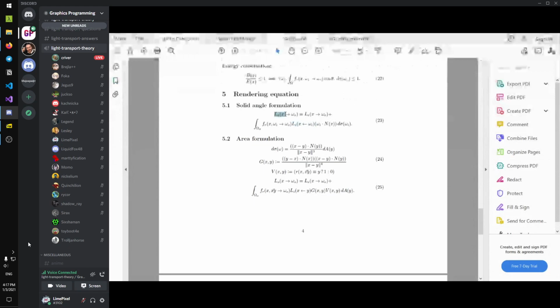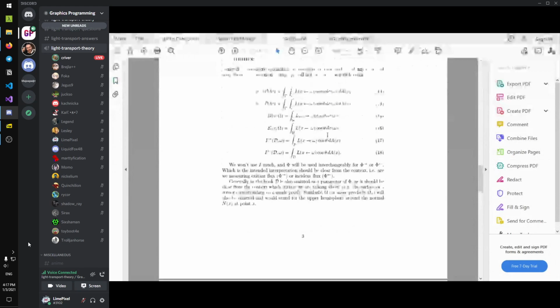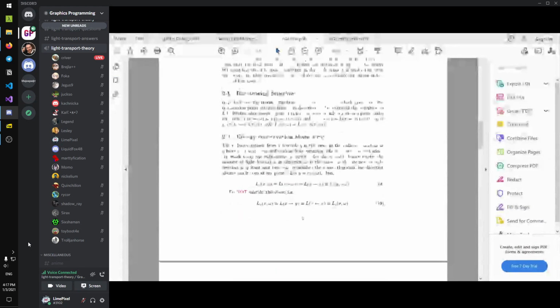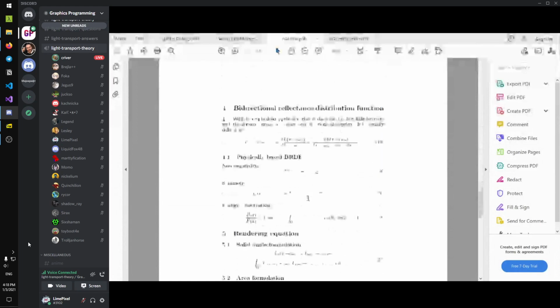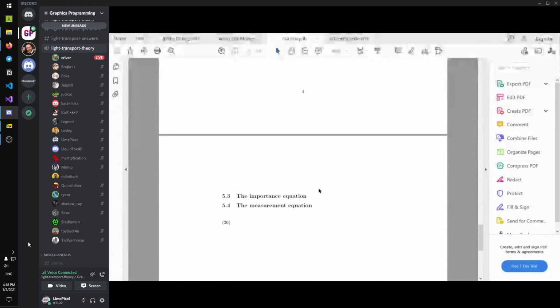These are not the same functions, but you can rewrite them as the same function. Technically, if you drop the arrow, you can write LO, and this is LI.